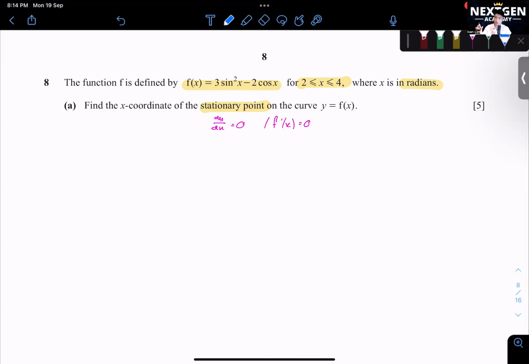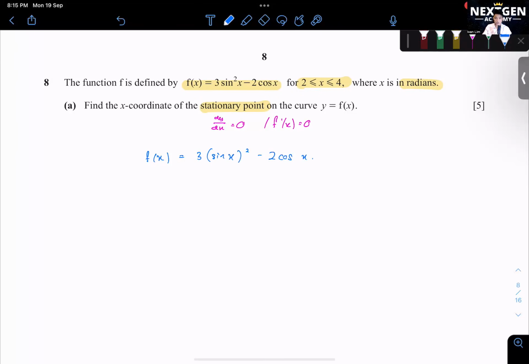You have to be careful because you see when they put sine square x, right? I know this one, students only make the common mistake. You can write it down like this before you differentiate it. So 3 sine x squared minus 2 cos x.